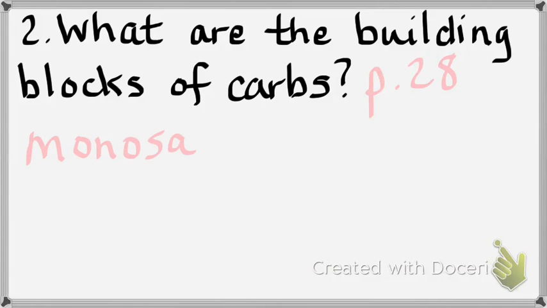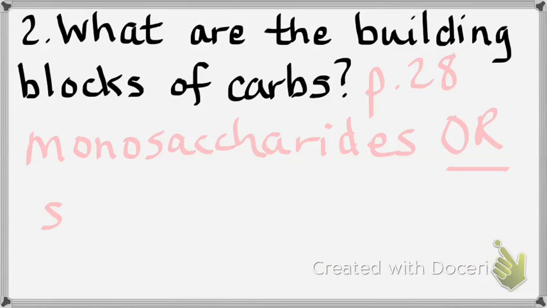I'll take monosaccharides for an answer. Here's another possible answer. Simple sugar. They're the same thing. Monosaccharide equals simple sugar. I'll take either answer. Those are the building blocks of carbohydrates. It's like this is the smallest thing that we could call a carbohydrate.